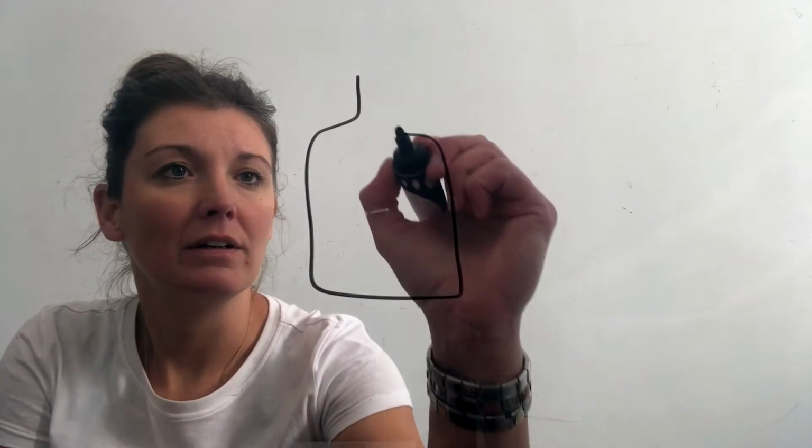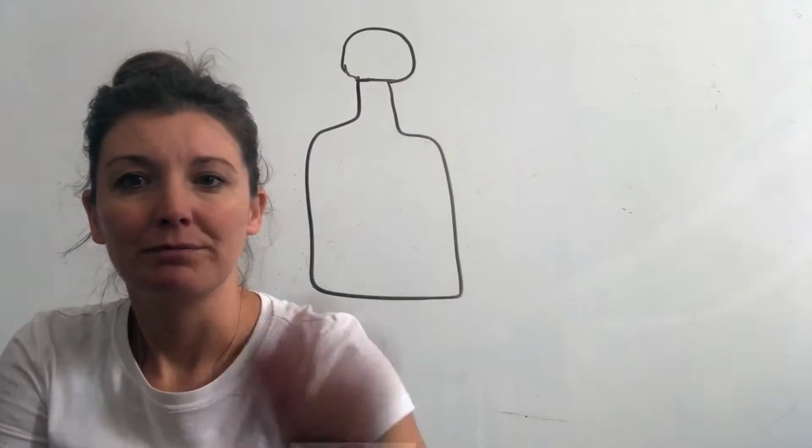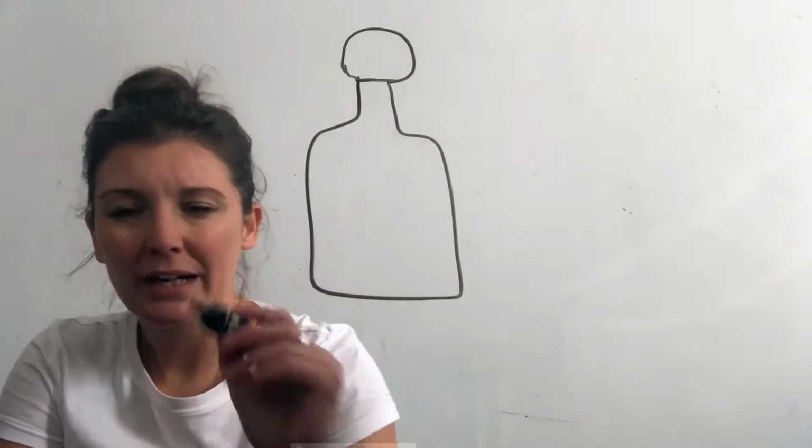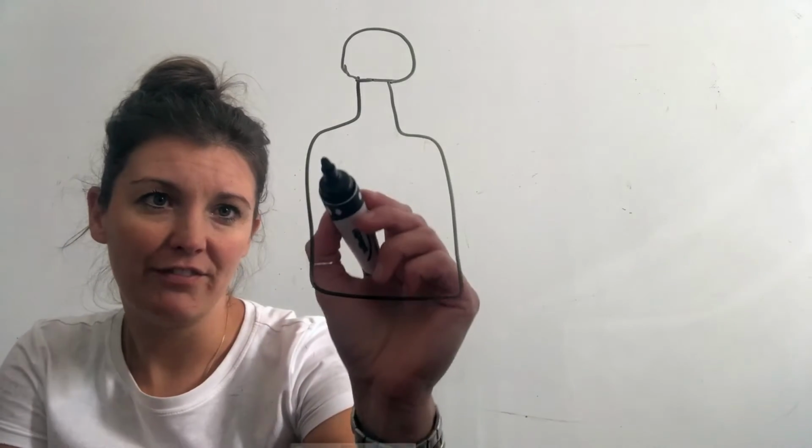So let's try and explain what happened to the bottle, the gas and the particles inside the bottle and the balloon in the hot and the cold water. If we have a bottle and the balloon at the end, remember gas particles are far apart.